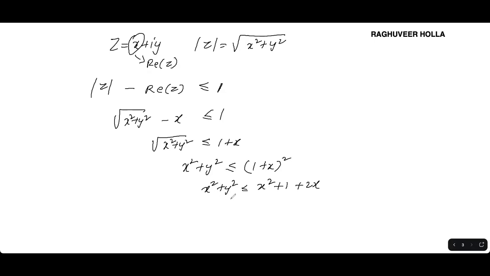So you can cancel these terms, right? So y square is less than or equal to 1 plus 2x, or further you can write y square is less than or equal to 2 times (x plus 1 by 2). So this is the best possible answer.